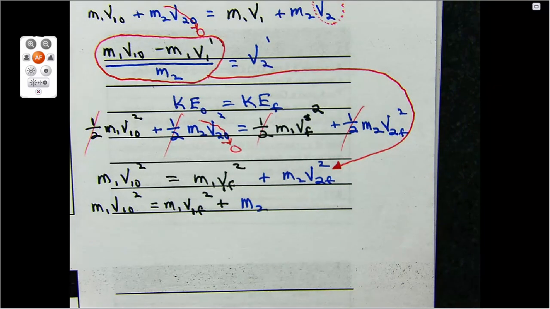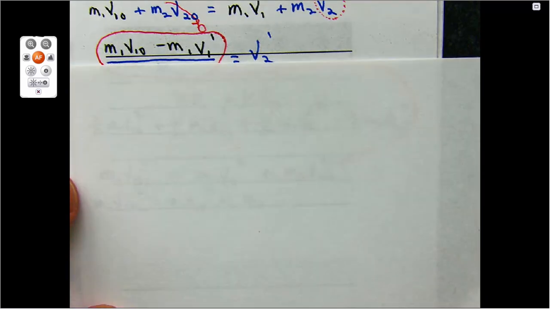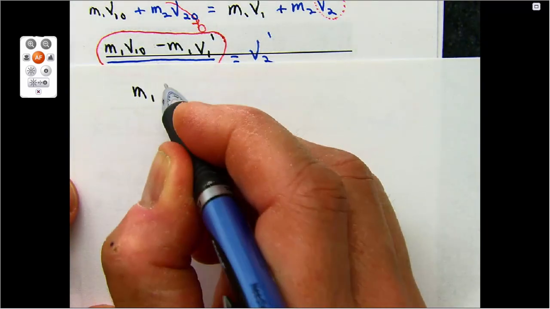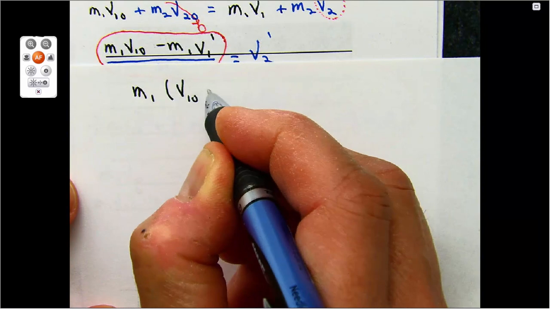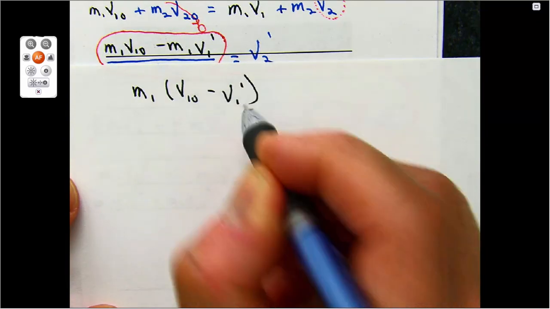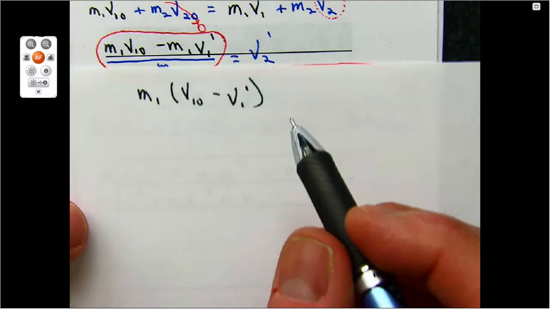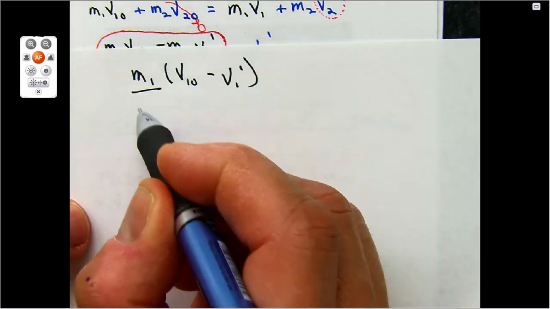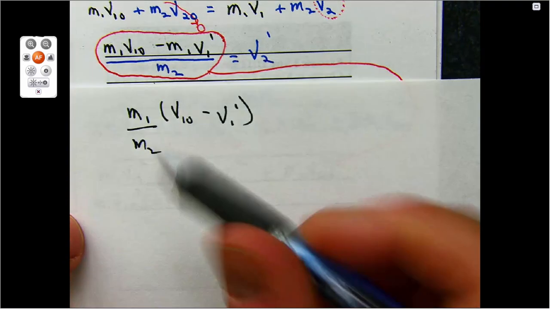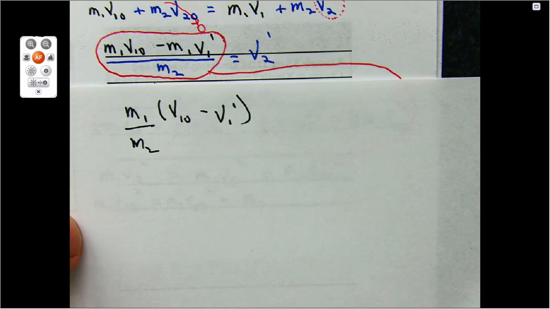Let's take a side note. Watch this. If I factor an M1 out, then I have V1 initial minus V1 prime, right? And I still have my M2 down below. I'm going to put my M2 over here. That's my exact same thing as this, isn't it? Now, I have to square that.